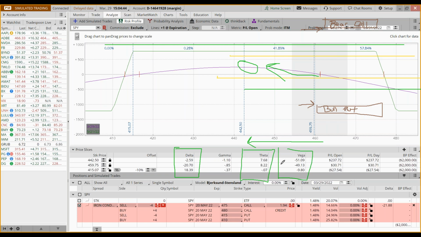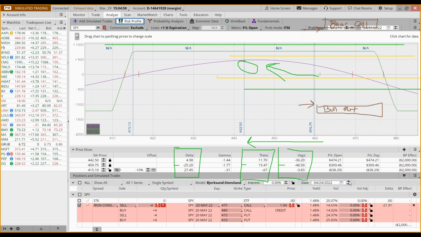Vega negative means I do better if the volatility drops. That's the trade. So how does this trade make money? Time. As time ticks, you can see it just keeps going higher and higher and higher. Now, in this case, we'd be able to start getting out of this trade in May, but in our situation, we're more inclined to think that we're going to take delta neutral trades in May.